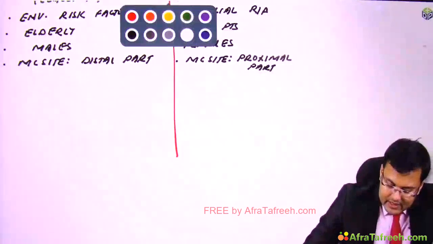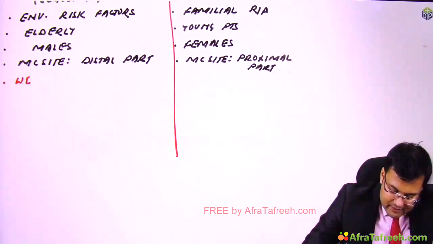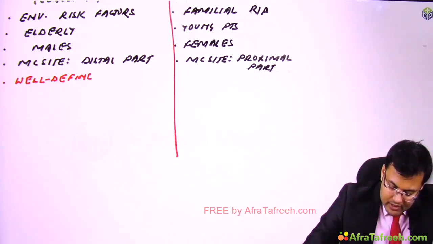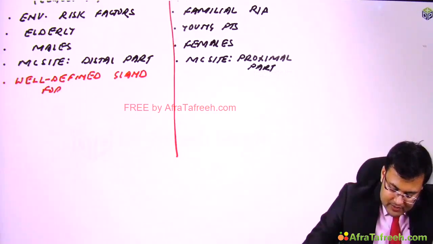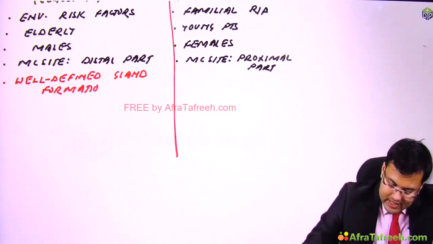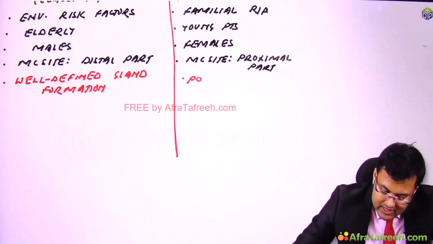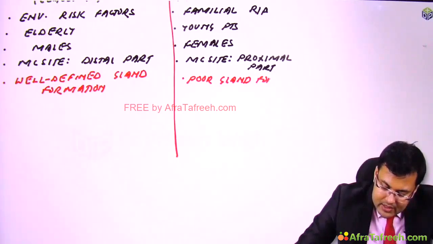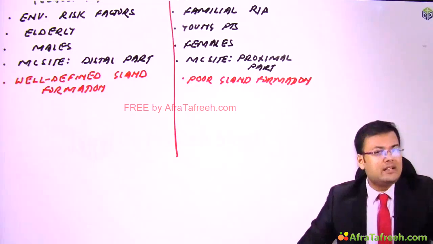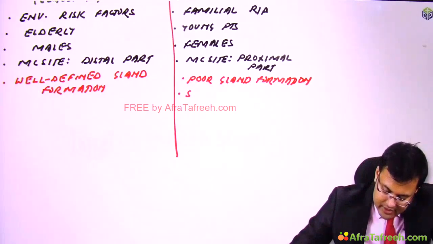In this case, there is well-defined gland formation. And here there is poor gland formation. And since there is poor gland formation, you will find signet ring variety here.